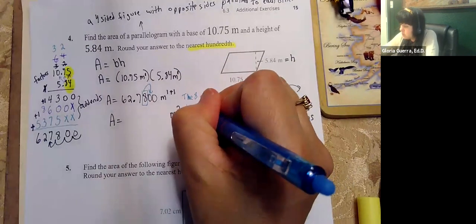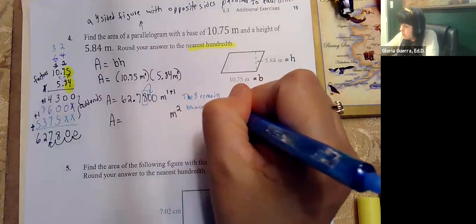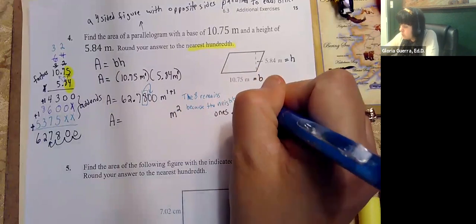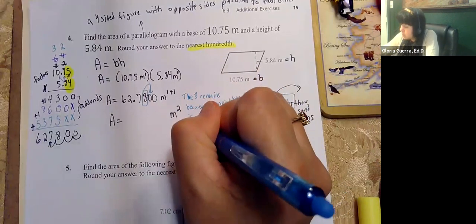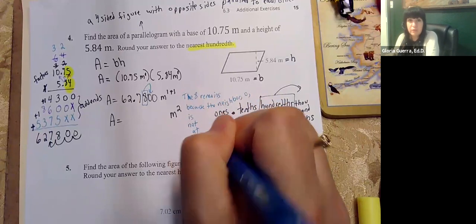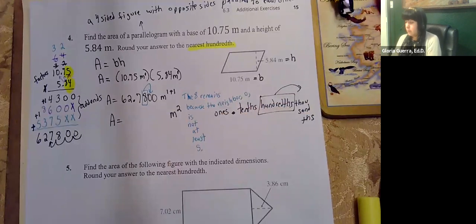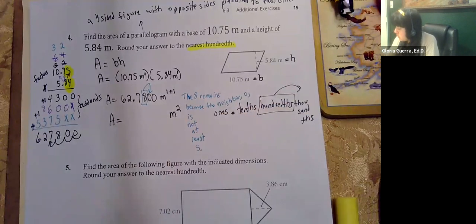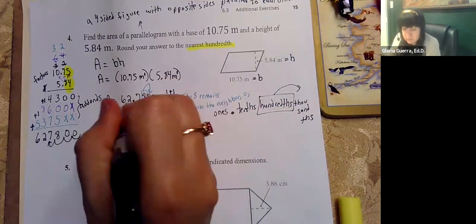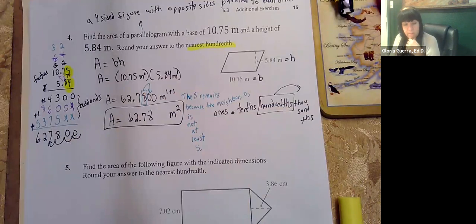The 8 remains because the neighbor, which is 0, is not at least 5. So then this gives you 62.78, and that's meters squared.